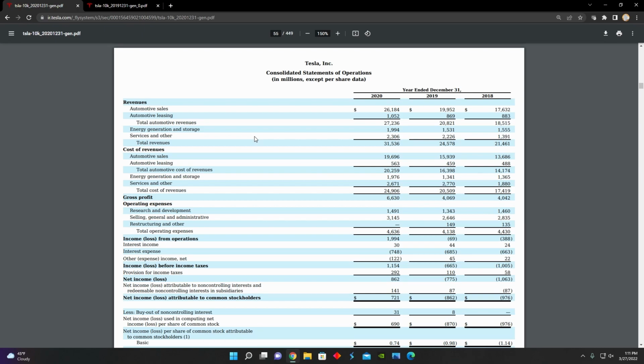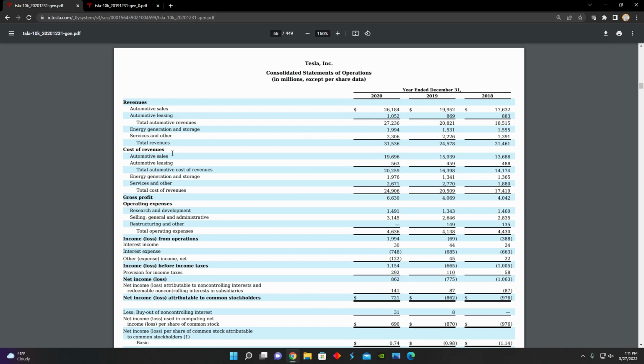The services and other revenue segment just consists of sales of used vehicles, retail merchandise, and also vehicle insurance revenue. And then once they add up the total automotive revenues with the energy generation and the services and other revenue segments, they get their total revenue number right here. So this is the gross sale amount, or the top line for Tesla in 2020 would be this number right here, total revenues.